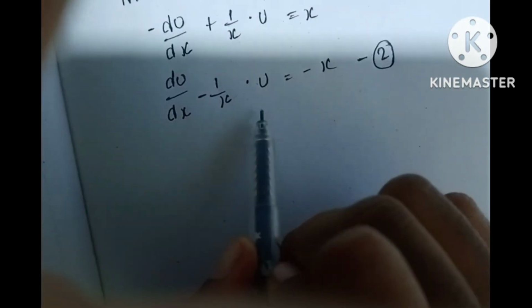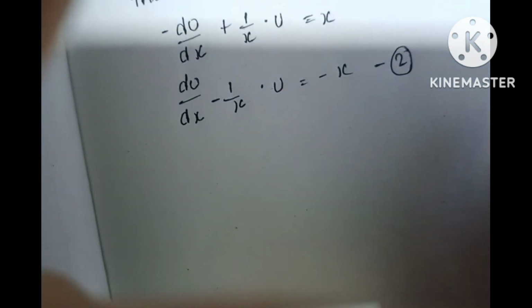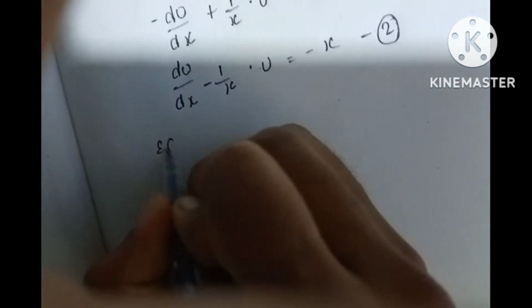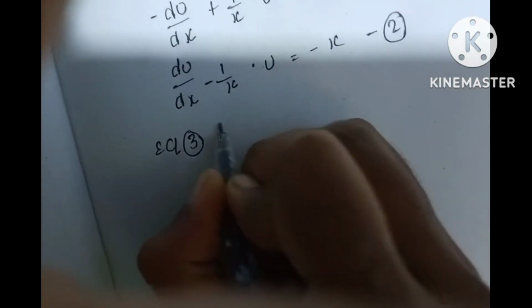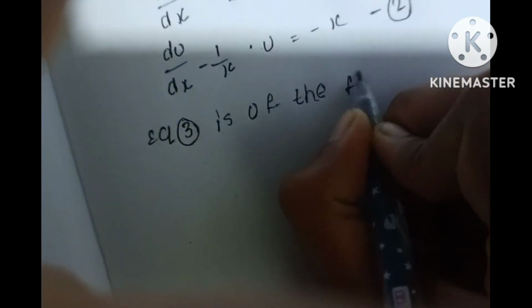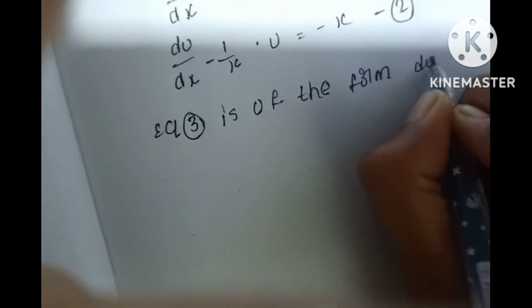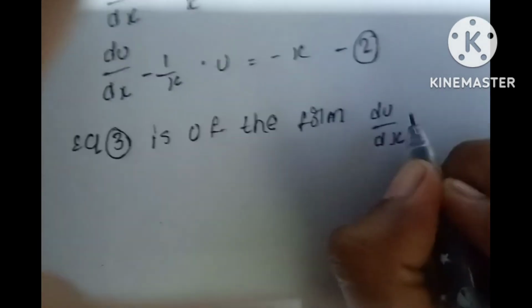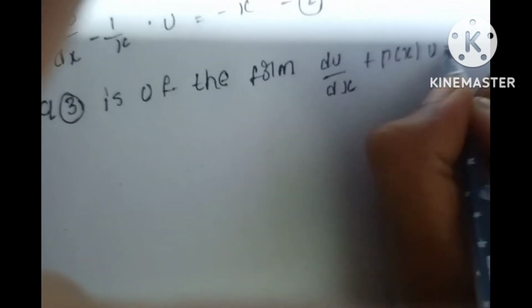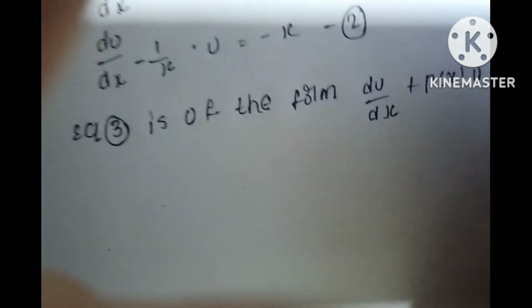If you see equation 3, this is in the form of du by dx plus p of x into u is equal to q of x. So we write equation 3 is of the form du by dx plus p of x into u is equal to q of x.